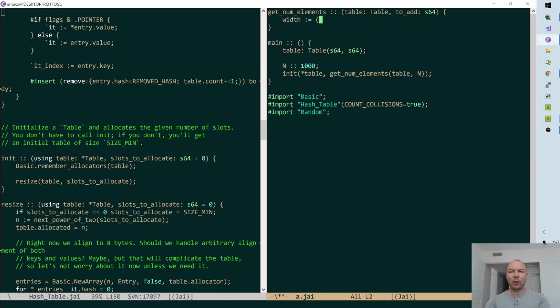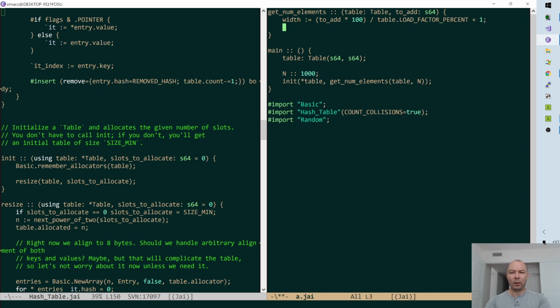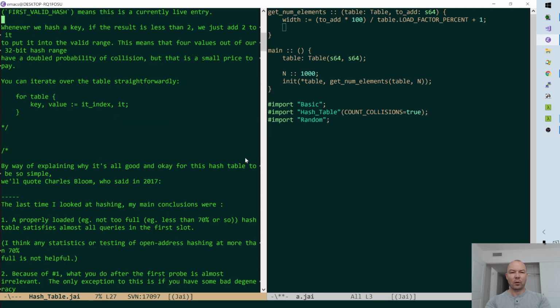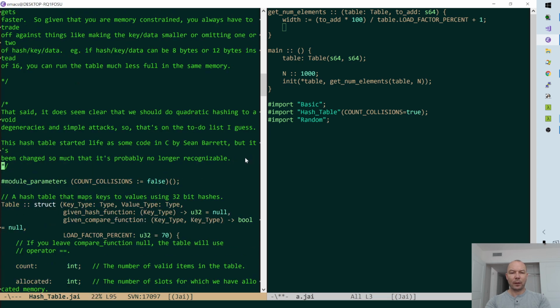Width is to add times 100 divided by table.load factor percent plus 1 to get rid of junk, right? I think that's right.